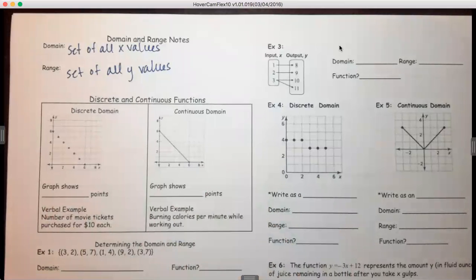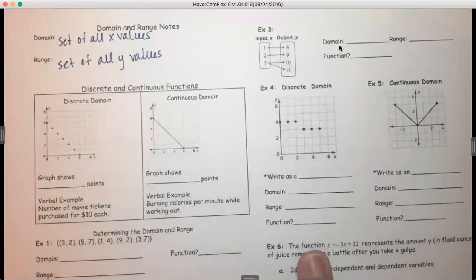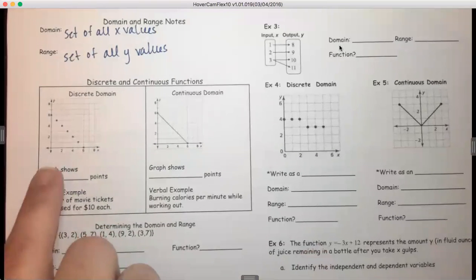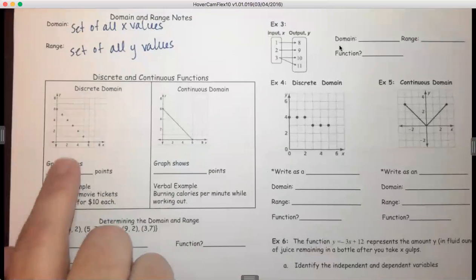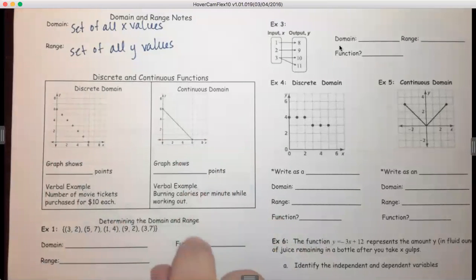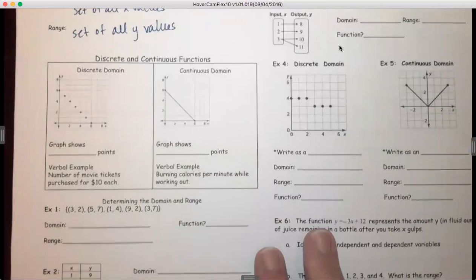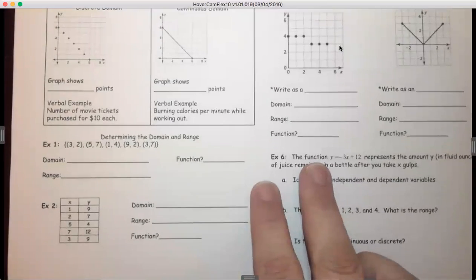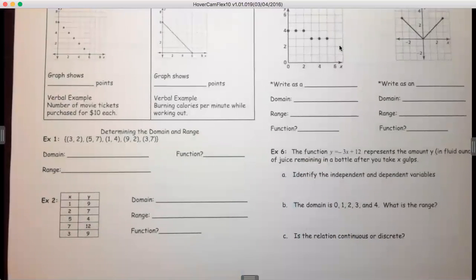What I'm trying to say is that here you have to have whole numbers, and here you get to have continuous numbers. There's some examples. Again, I'm not going to ask you about discrete and continuous. It's just something for you to have in your brain that might help you.